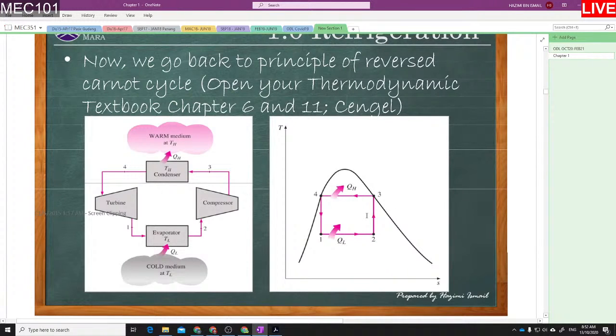So in our refrigeration, we want to give work input because we want to extract QL. In the normal Carnot cycle, QH comes from above, goes into the system and releases heat at the QL. But okay, I try to draw a little bit.